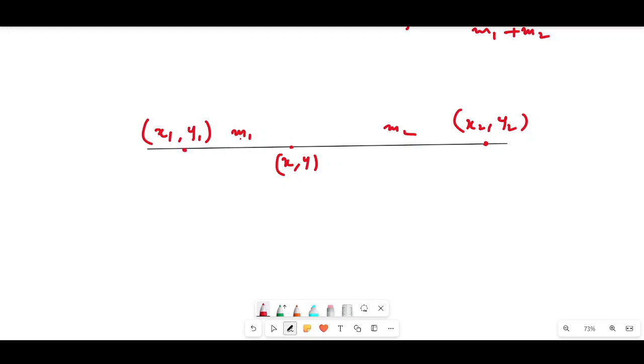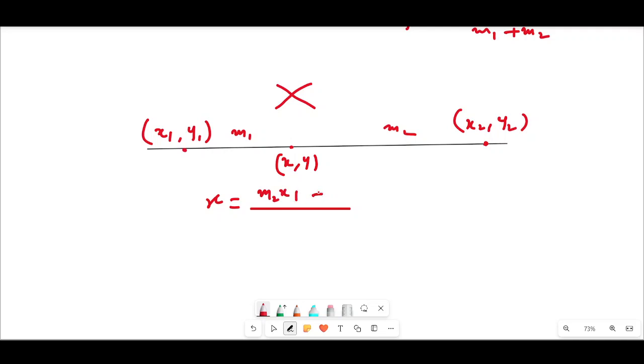Then very simple, use the cross multiplication observation. We can write the value of x here: multiply m1 here x2, here it is x1, m2 x1, then m2 x1 plus m1 x2, then m1 plus m2, that is the point.